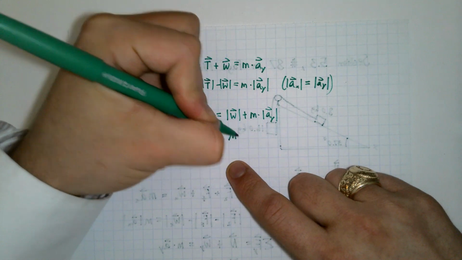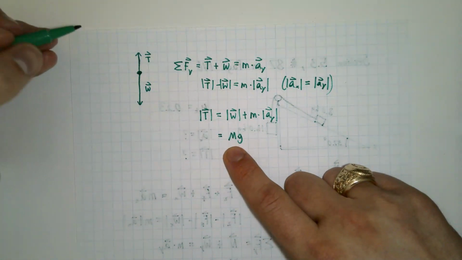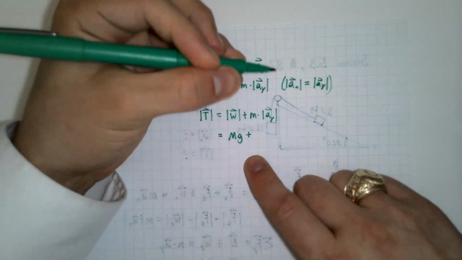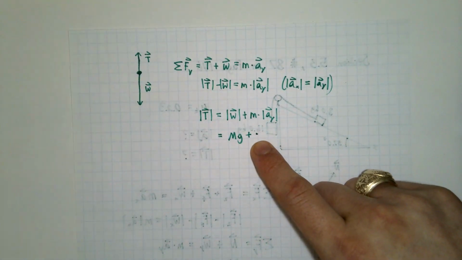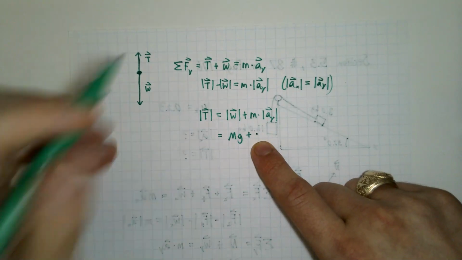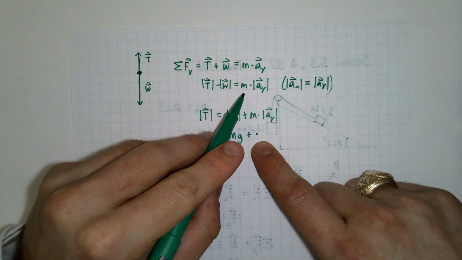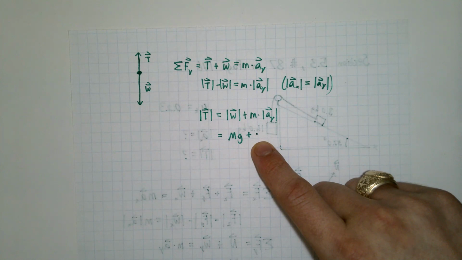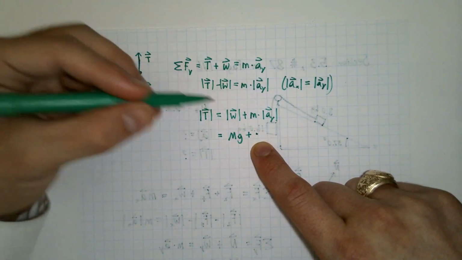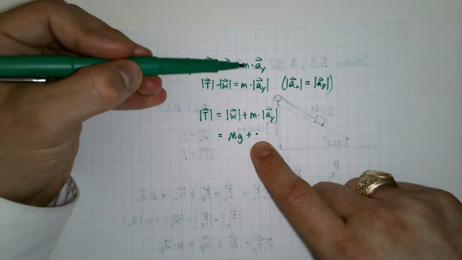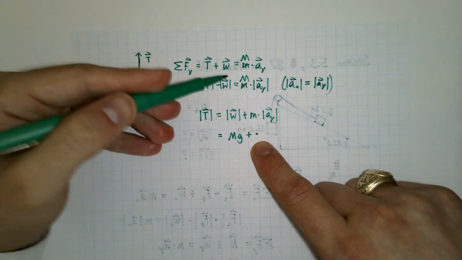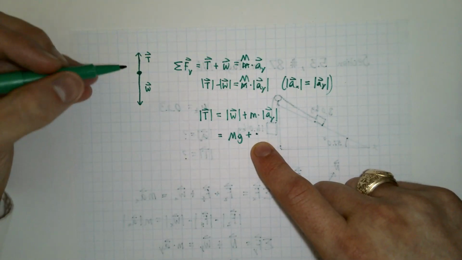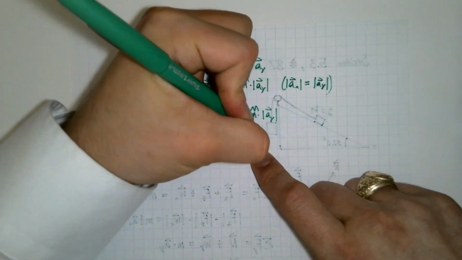The weight is the large mass, 16 kilograms, times gravitational pull, plus the mass of our block in this case. I'm sorry, this should be large M. It should be a large M, because those are the forces that are acting on this block in particular.